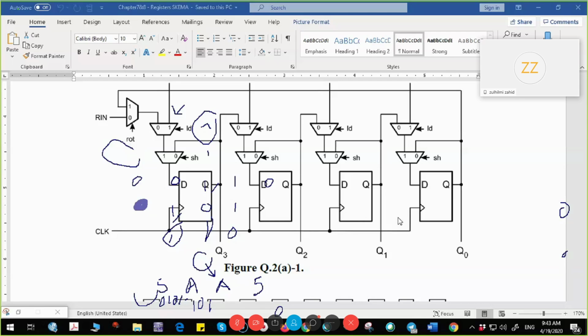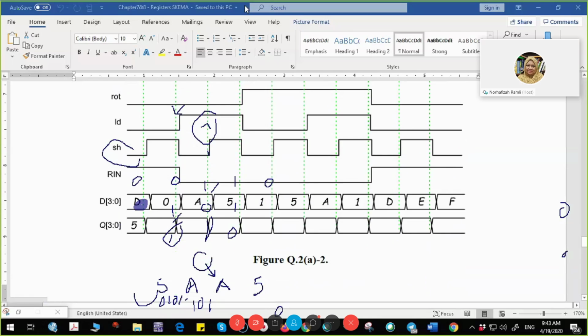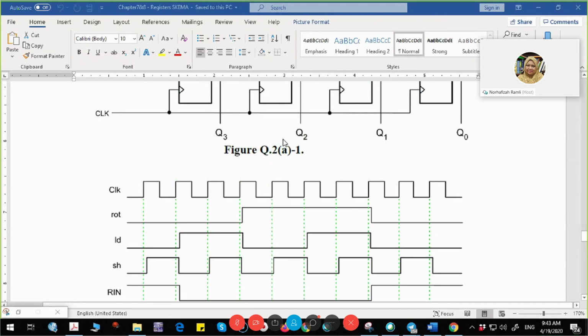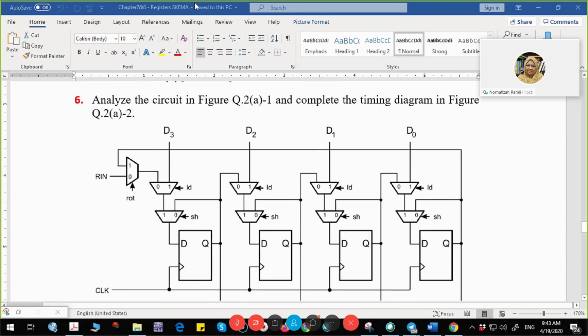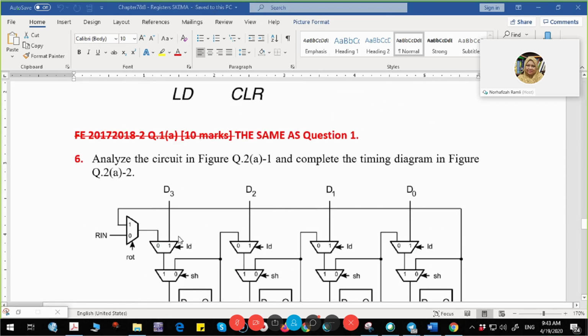Oh, it does apply, eh? This ROT actually does apply, but we didn't discuss the ROT just now, right? Let me be clear on that. So far the ROT does not interfere with us because it will always be 0, right?